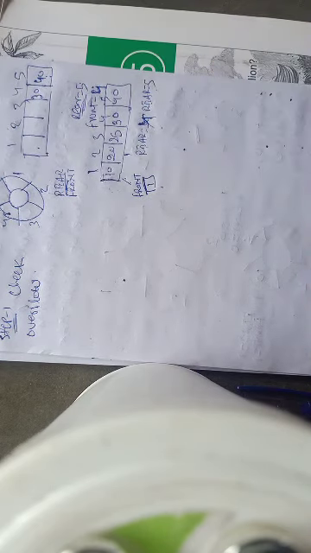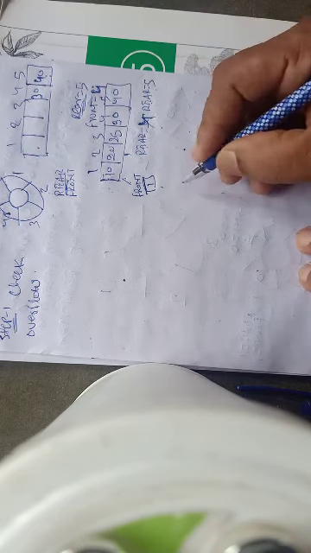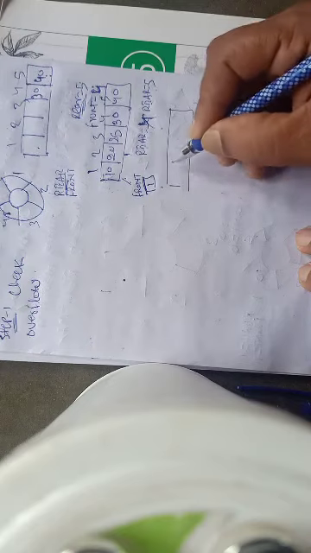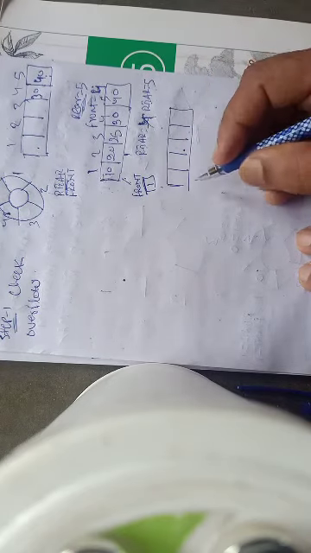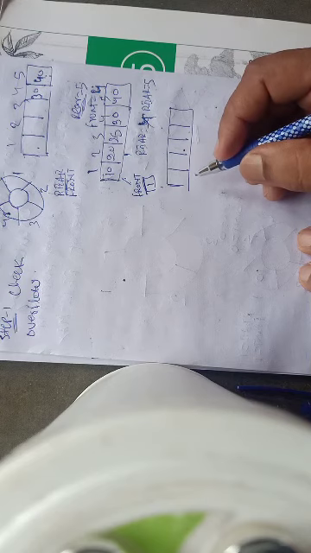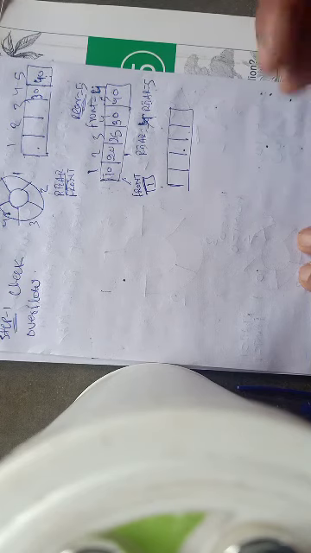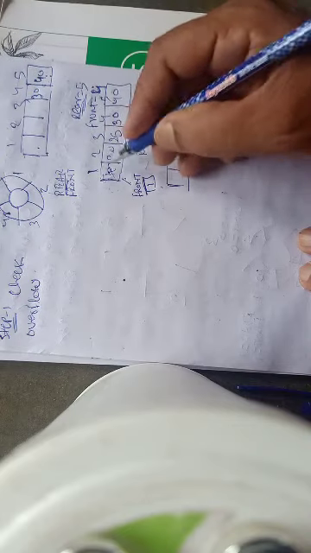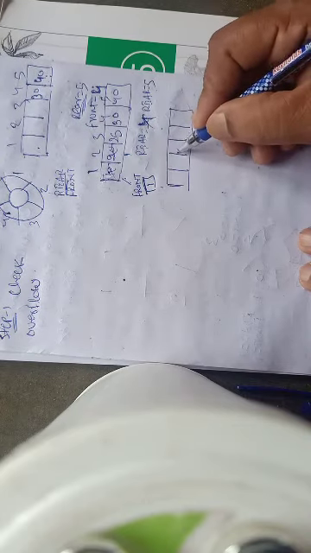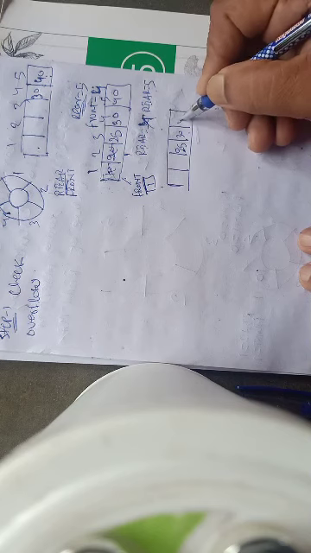There is an alternate situation also, where a few insertions and a few deletions have taken place. Now suppose a different case. Suppose after this situation we have deleted 10 and we have deleted 20. So what is the current position? 25, 30, 40.